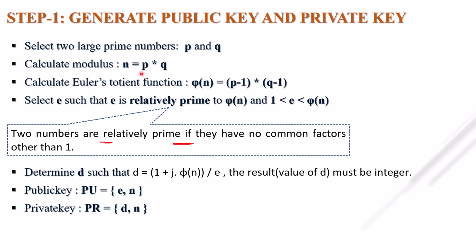Once we have a public key and private key, we will encrypt the message with the help of the public key and decrypt the message with the help of the private key. Okay, so this whole step number 1, I will once again continue with the help of the values of P and Q. Just see.